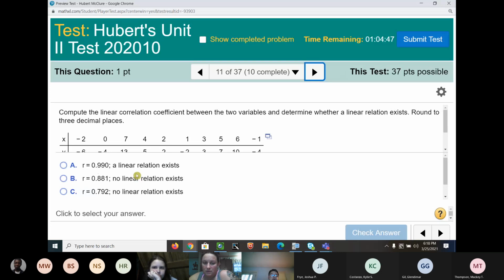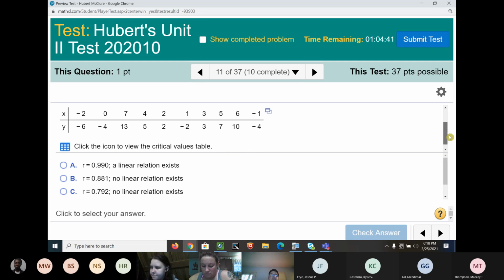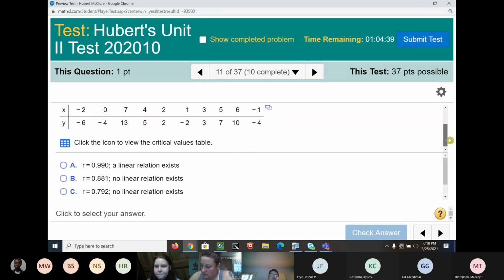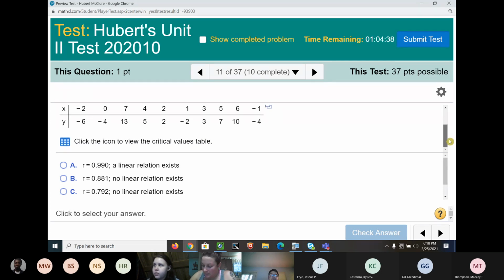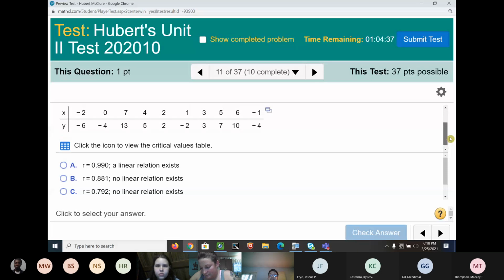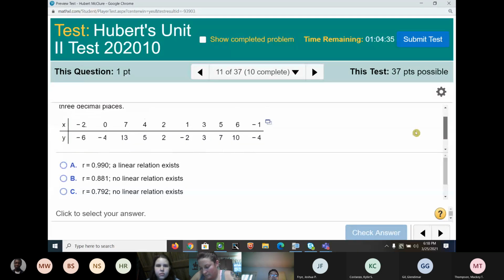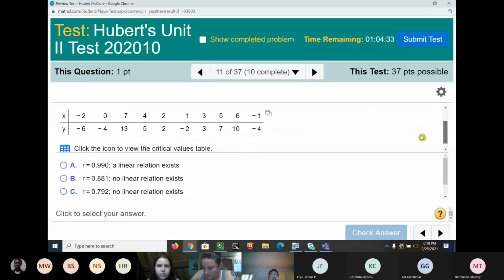All right, this one, you're going to have to use the graph. So I'm going to go ahead and let y'all do it. This one, you need the critical values. So how many points do we have? 1, 2, 3, 4, 5, 6, 7, 8, 9, 10.